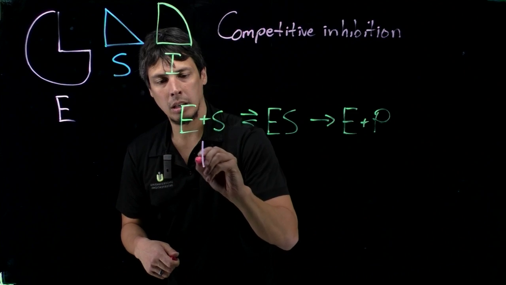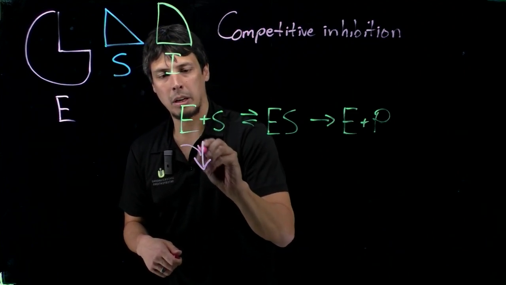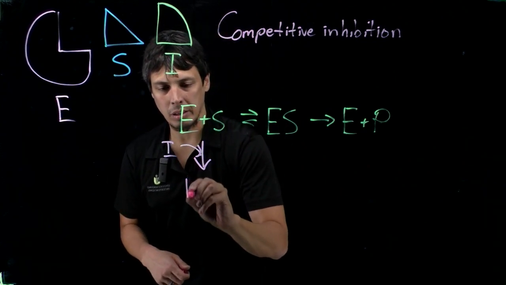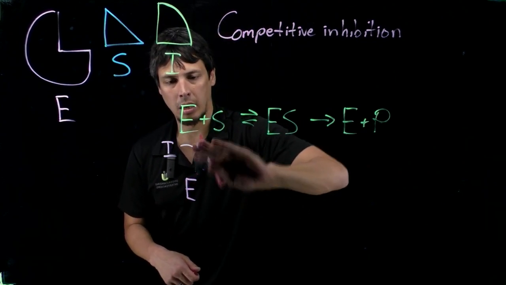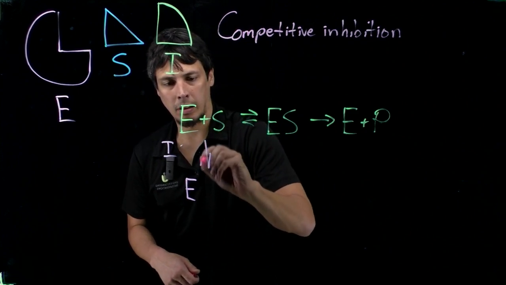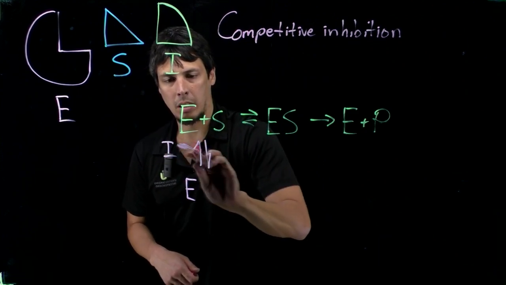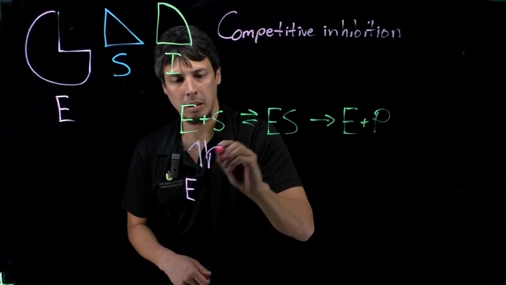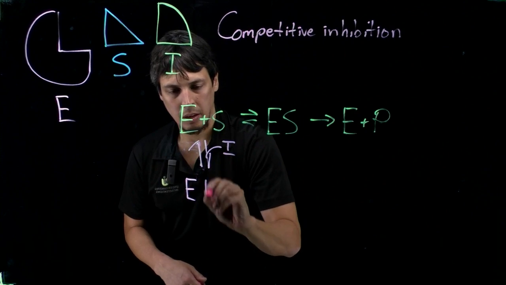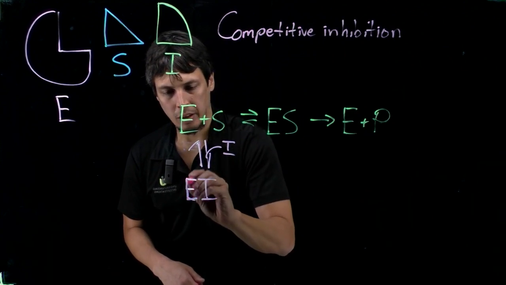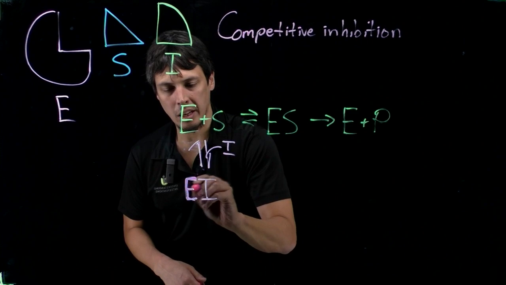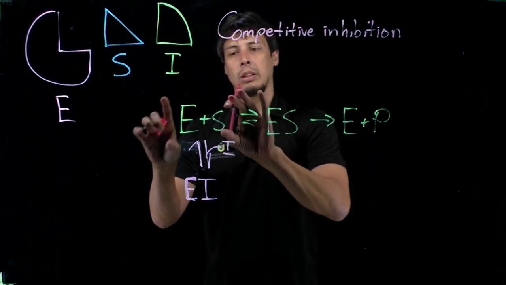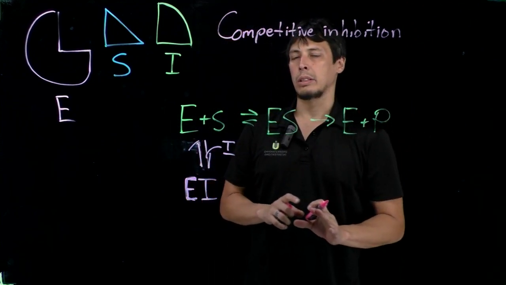So instead, the inhibitor binds to the enzyme, displacing substrate, and you get this enzyme-inhibitor complex. The inhibitor may bind very tightly to the enzyme and therefore not leave any free enzyme around so that the substrate can bind and so that this chemistry can continue.